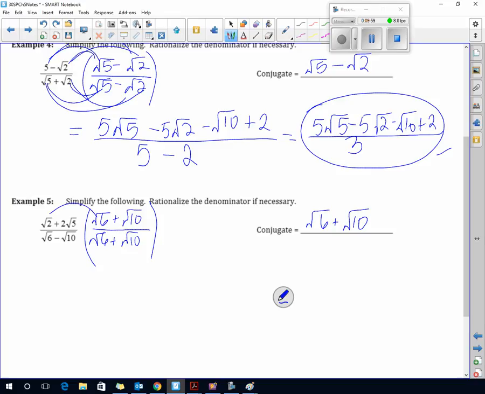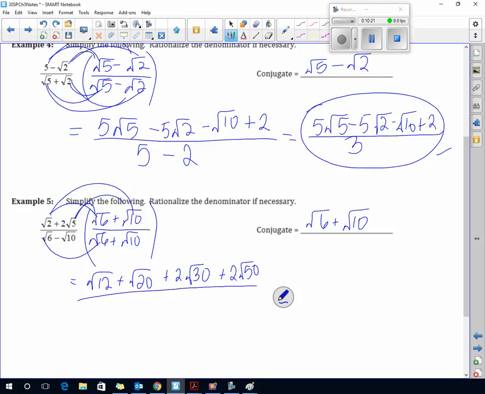Inner I get plus 2 root 30. And last I get root 50. On the bottom, first I get 6. Outer and inner should cancel. Last I get minus 10.